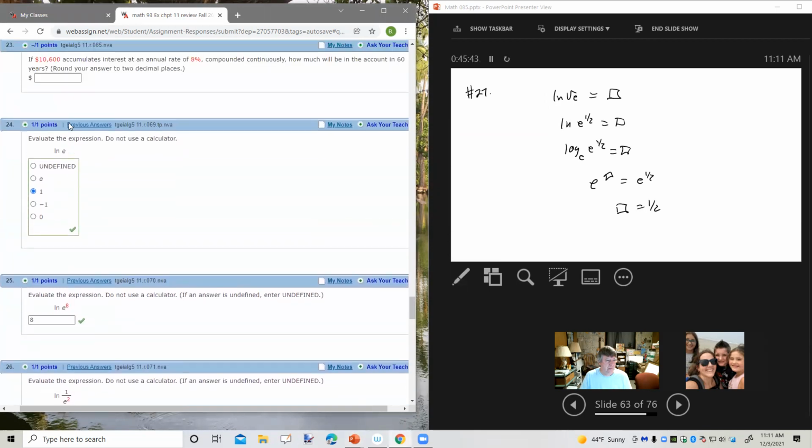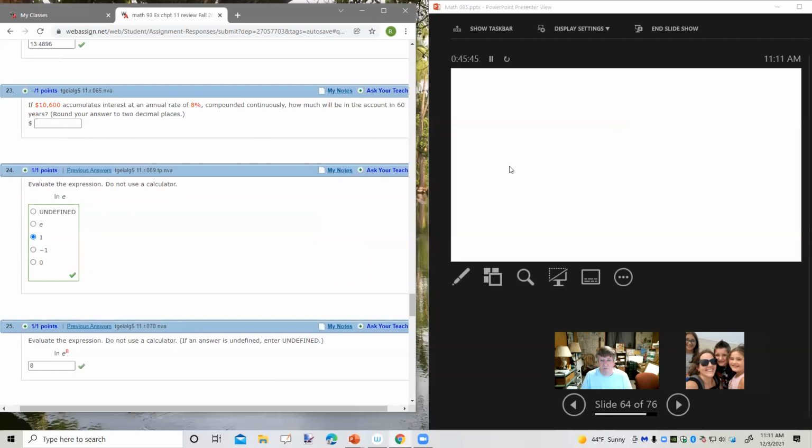Okay, let's see here. Here we go. Number 23. $10,600 accumulates interest at an annual rate of 8% compounded continuously. How much will be in the account in 60 years? Okay, so we're going to use this formula because it's continuously compounded.